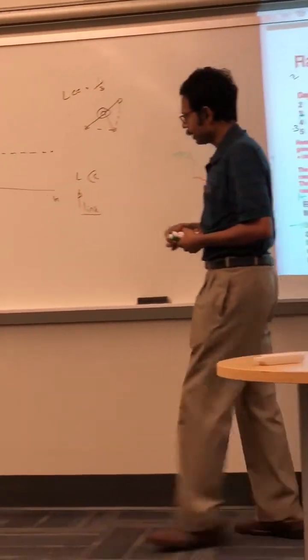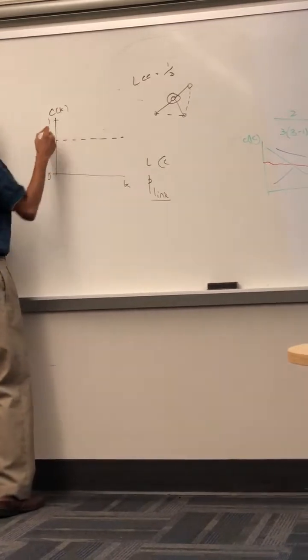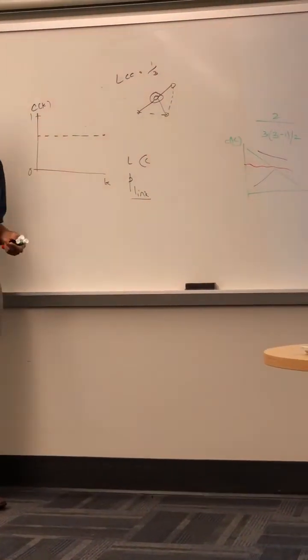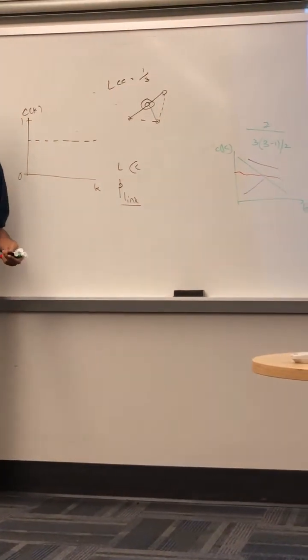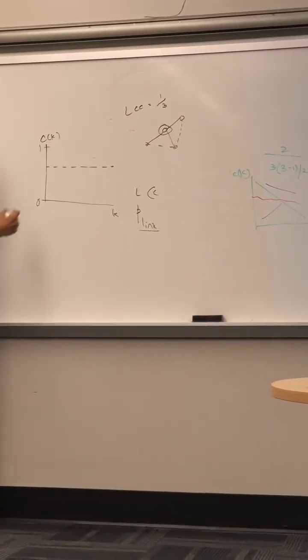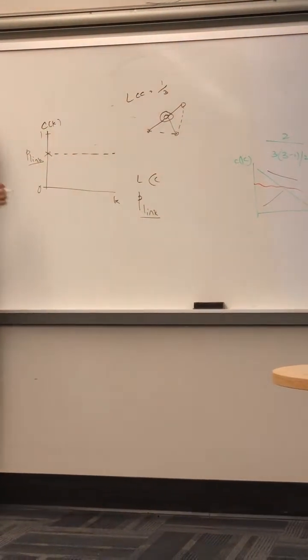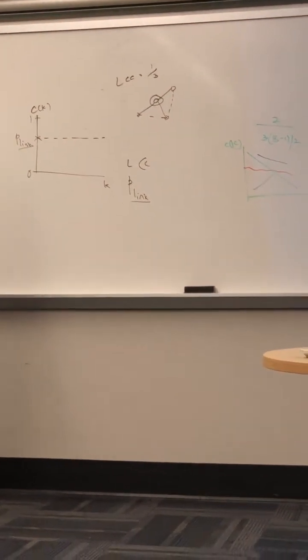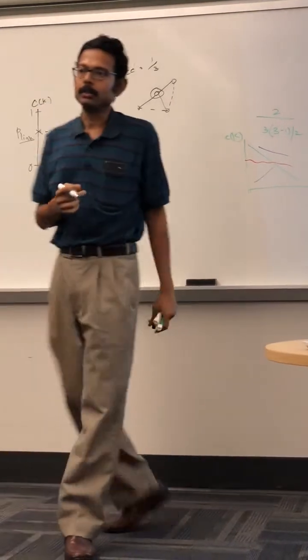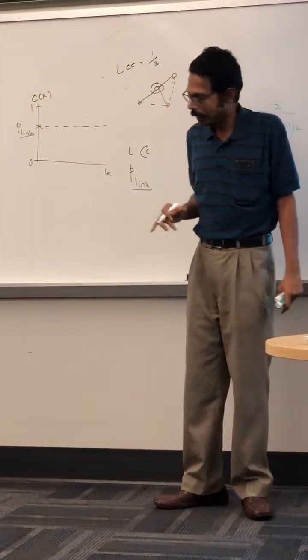The clustering coefficient will range from 0 to 1, because it's a ratio of the actual number of edges divided by the maximum possible number of edges. So that ratio will always be from 0 to 1. And this value is the P link, because it's just the probability for a link between any 2 vertices. So that is this horizontal value here. So this is what you expect.